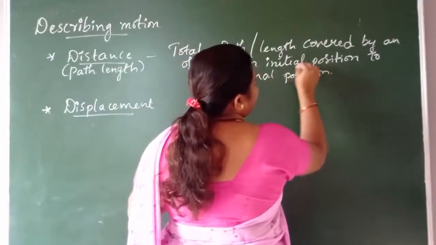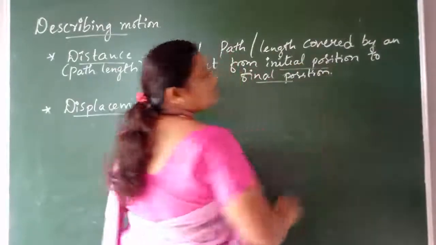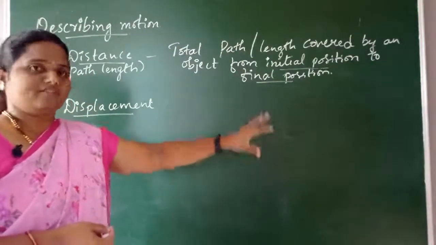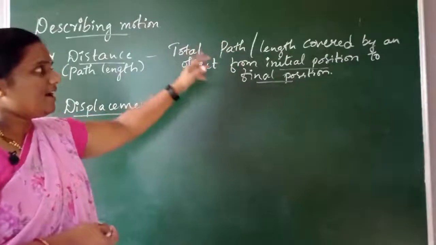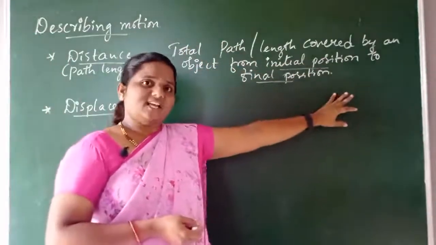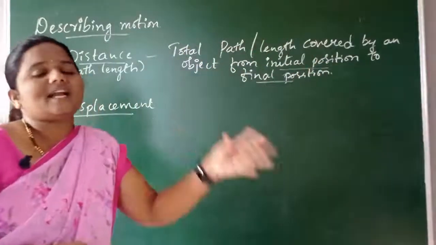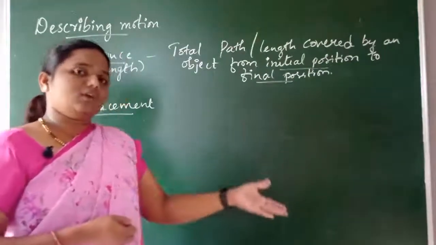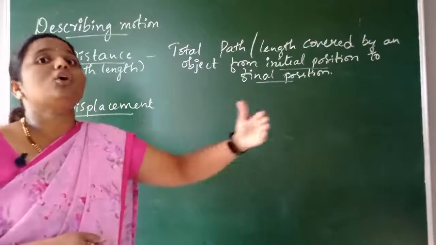You know, children, the meaning of a initial position and a final position. Position means we already know. It is nothing but a point where an object is located. Here, initial position means the beginning point or starting point you can consider, children. For example, as I told, a car is traveling from home to school.